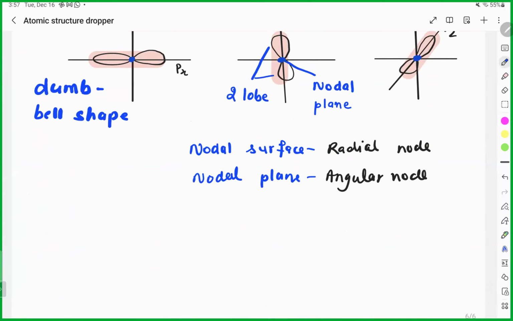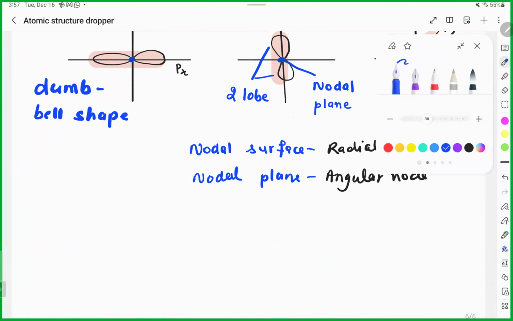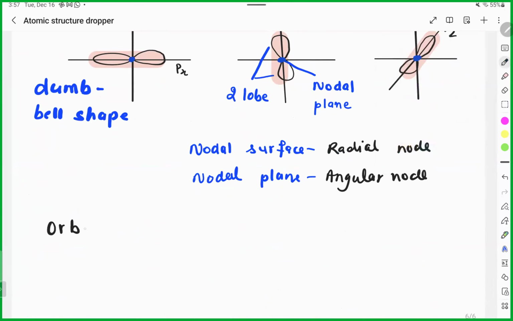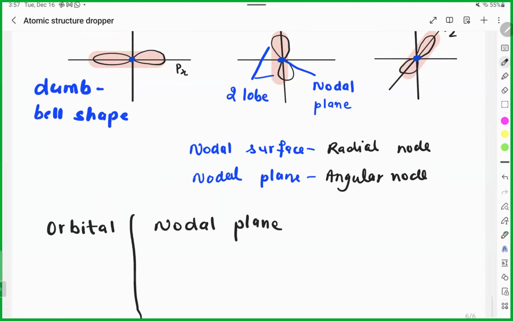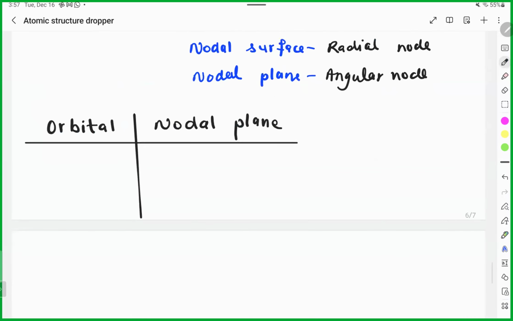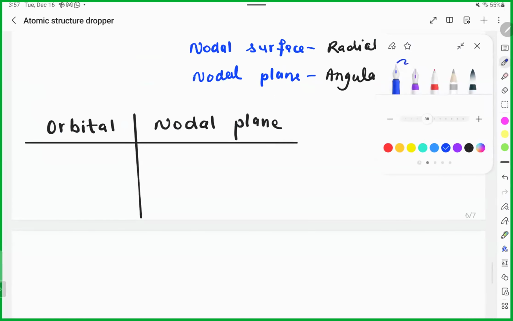Example: if you take px orbital in the yz plane, there is no electron. Make sense? If you take an orbital and you want to see what the nodal plane is. If you take px, py, pz, because there are only three possibilities.